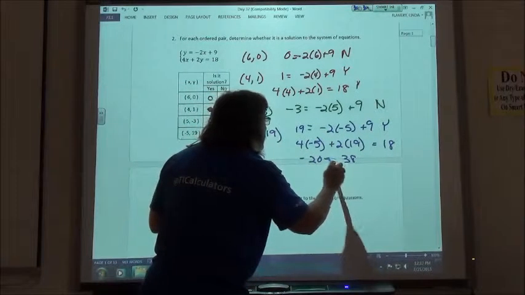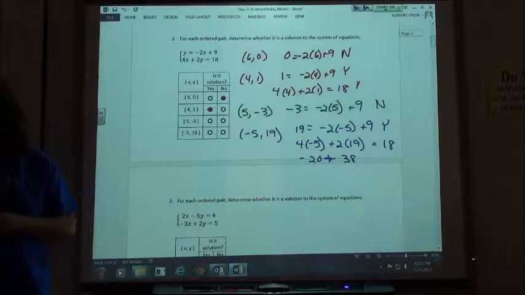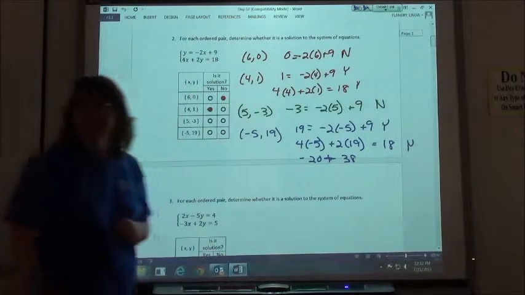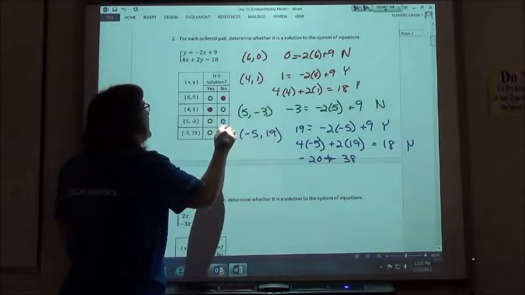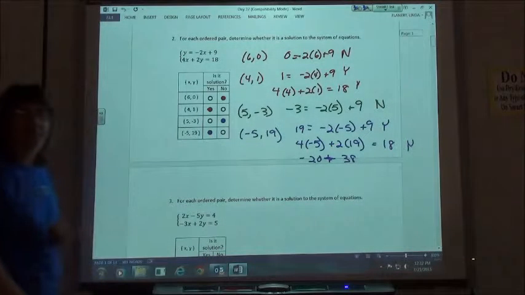What's a negative 20 plus 38? 18. Looks to me like it works. I forgot to mark the no up here. The third one was no. The fourth one looks like it should be yes.